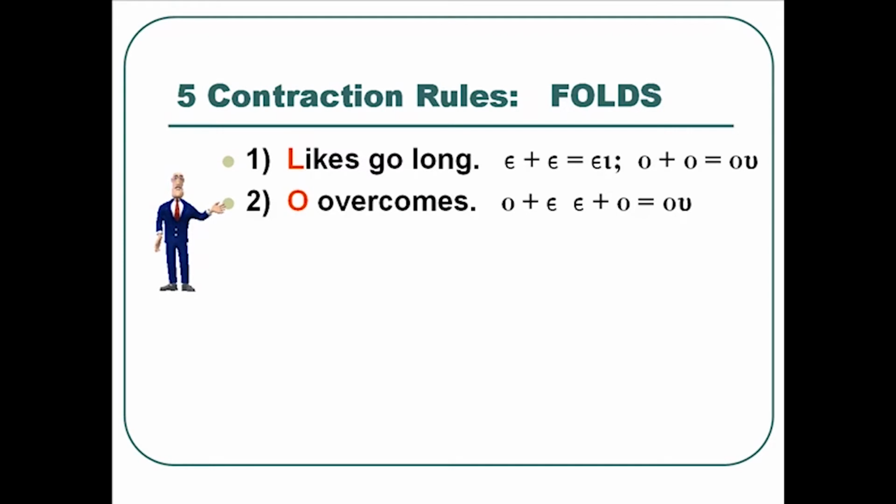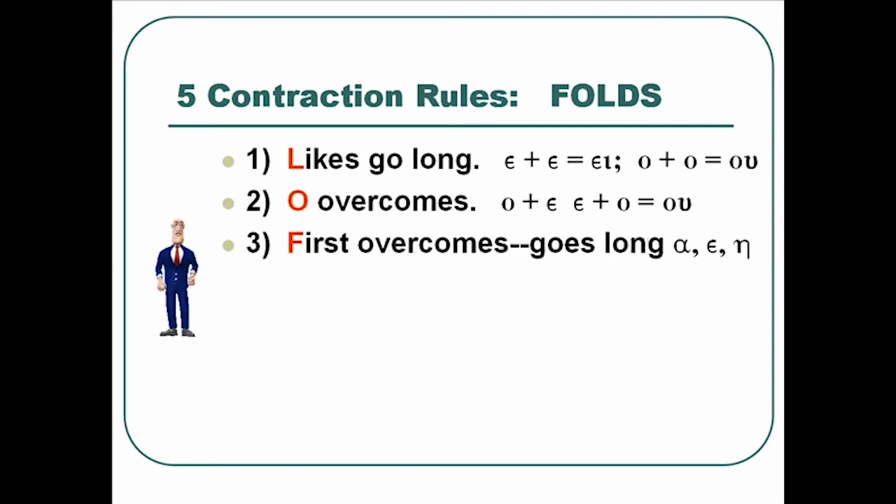Rule number 2, O overcomes, except in OEOEU. The third rule is our F, and it's the first overcomes, going long with the alpha, epsilon, eta. Whichever one comes first, it contracts to its long vowel.